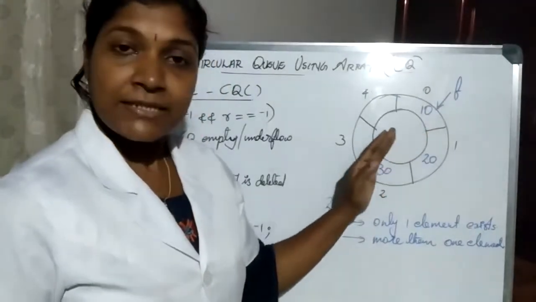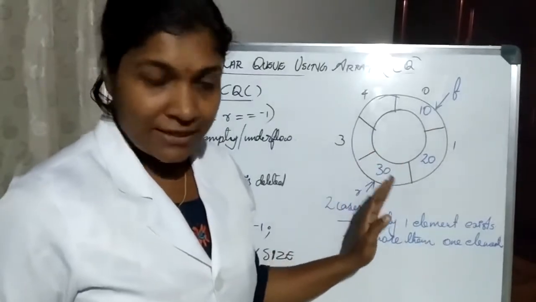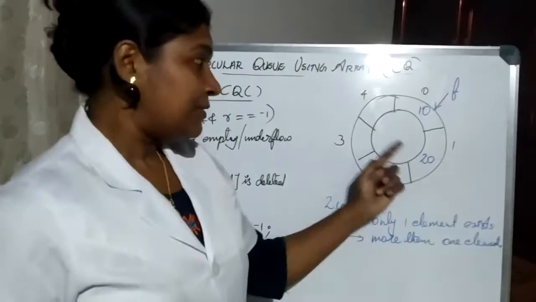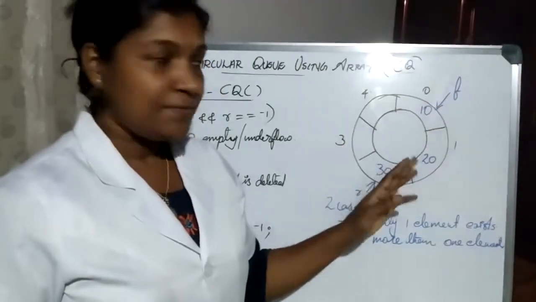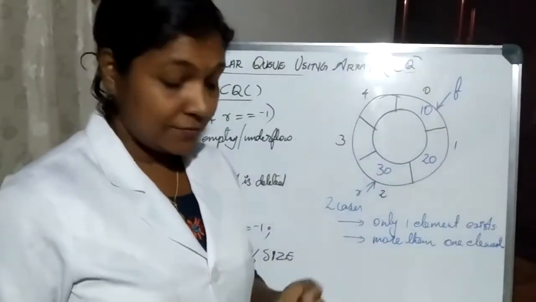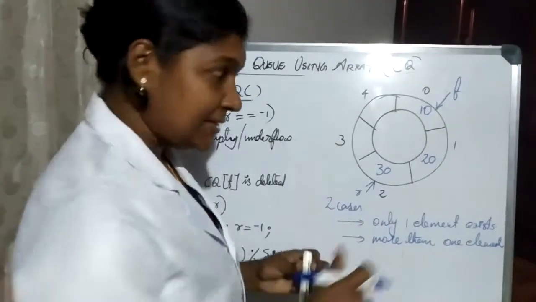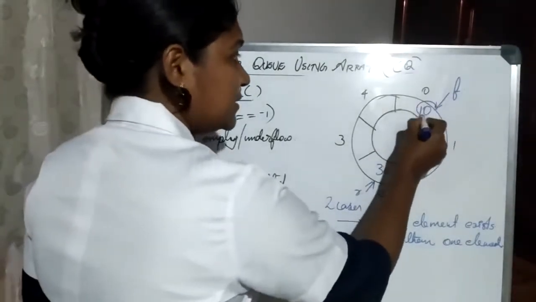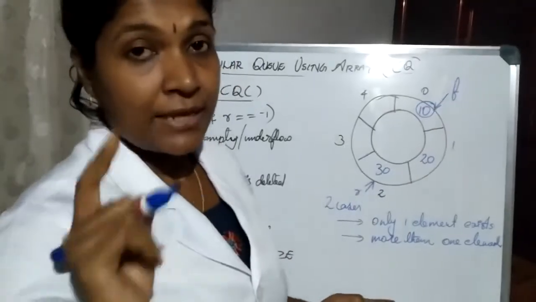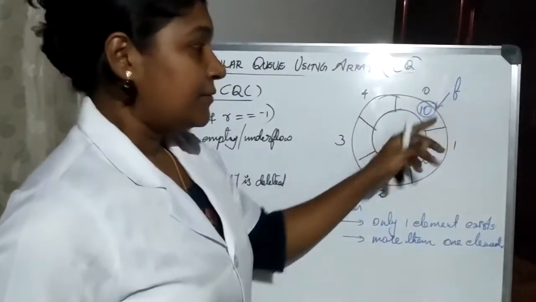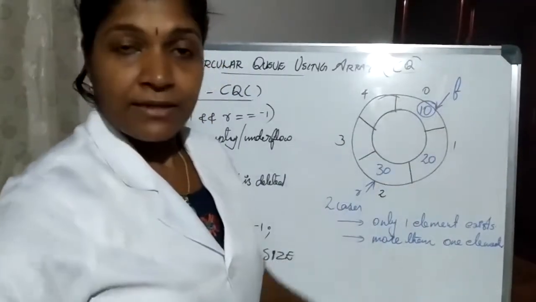In this case, DQ is possible anyway, right? That is, more than one element is there, or at least one element is there. So first we display which element we are about to perform DQ on. Obviously the element 10, the element to which the pointer f is pointing, is the element we are going to delete. So first we will display that the element 10 is deleted.